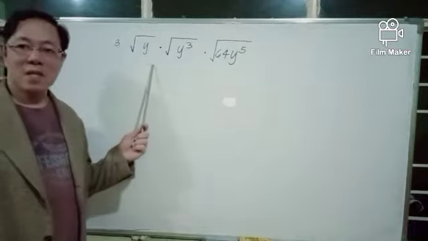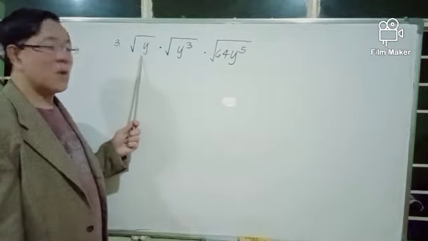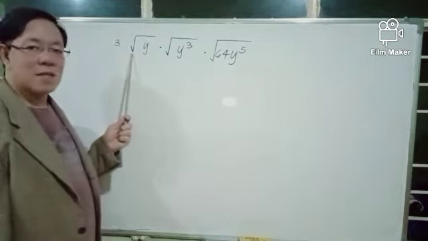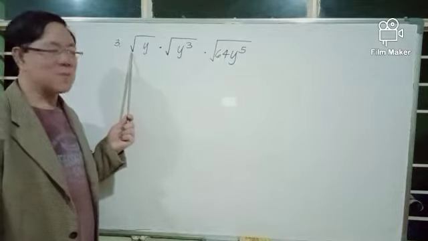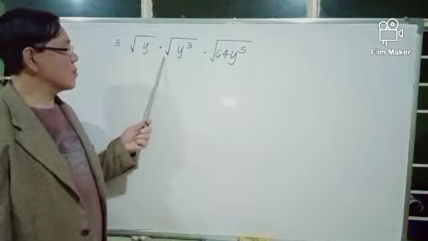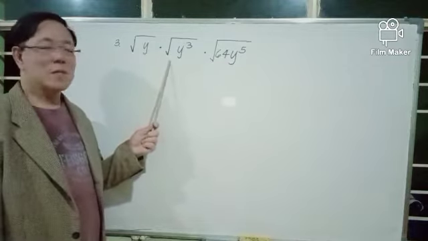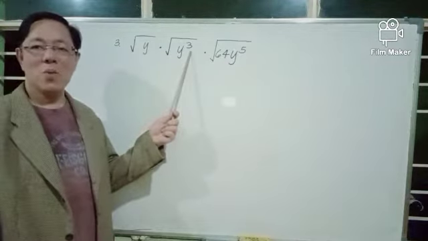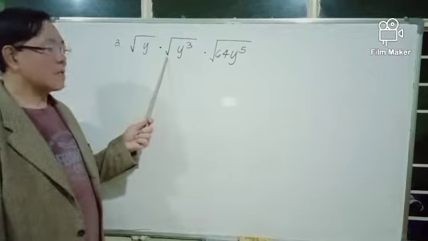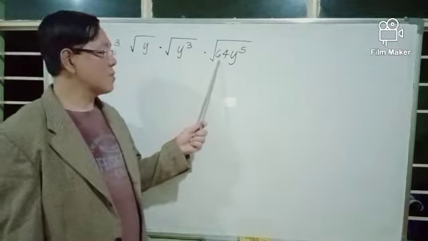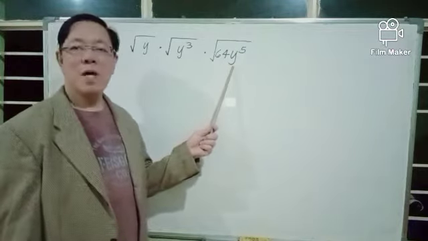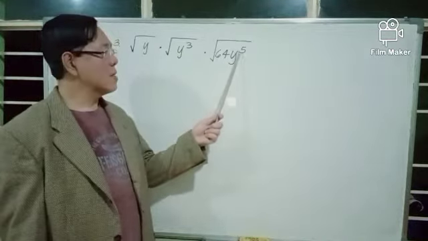We simplify this product, the square root of y. Again, the index is not specified. It's understood that the index is 2. The square root of y multiplied by the square root of y to the power 3, or y cubed, the index is 2, multiplied by the square root of 64 multiplied by y raised to 5.